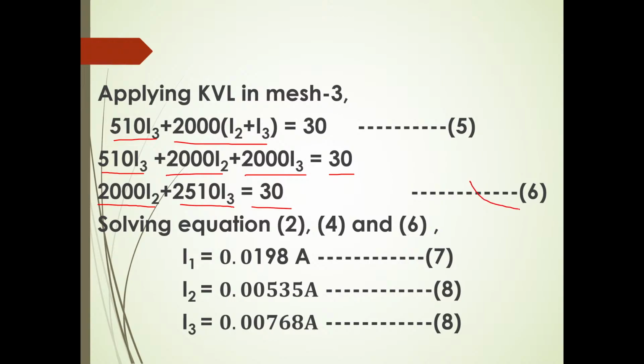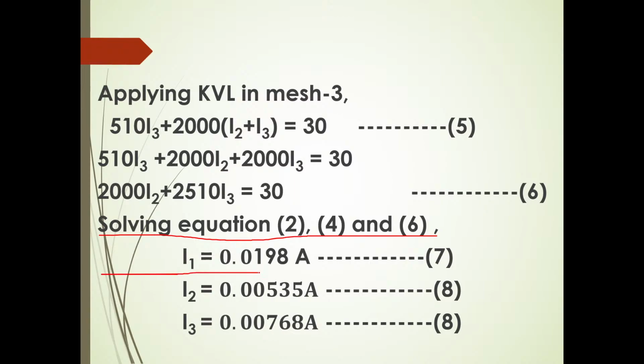Consider it as equation number 6. Now you have equation number 2, equation number 4 and equation number 6. So simplify these 3 equations. Directly you can use the calculator to simplify equation number 2, 4 and 6. If you simplify using your scientific calculator, you will get I1 value, I2 value and I3 value.